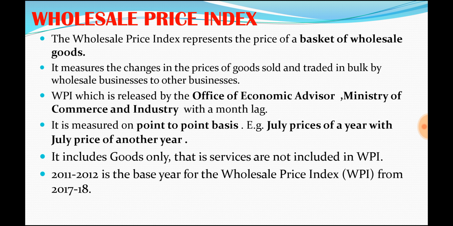An example is July prices of this year with July prices of another year. So that one year period will not be like July 1 to June 30, it will be July 1 to July 1. That is how the wholesale price index is measured. These kinds of points are very important.